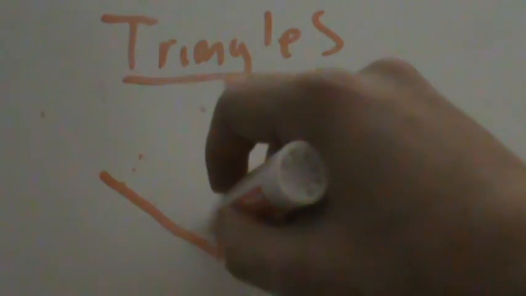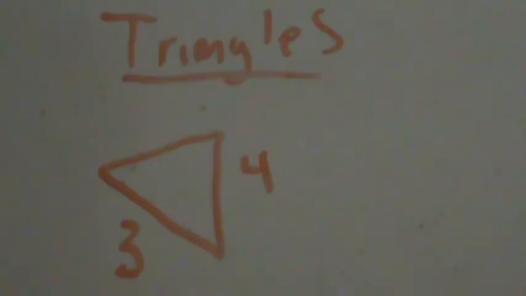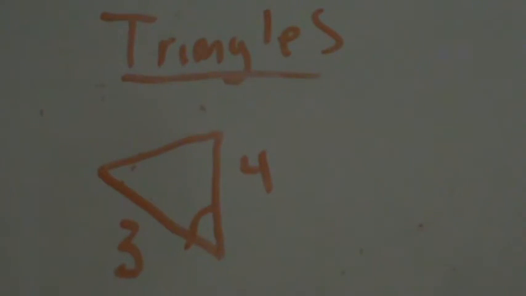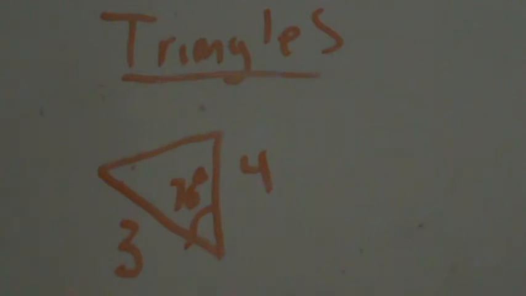Let's say we have this guy, and I'm going to do a similar situation to show you that this won't work out the same way as a right triangle. So let's say this is 3, and this is 4, and let's say the angle between them is 70 degrees. Now let's find out what this C would have to be.